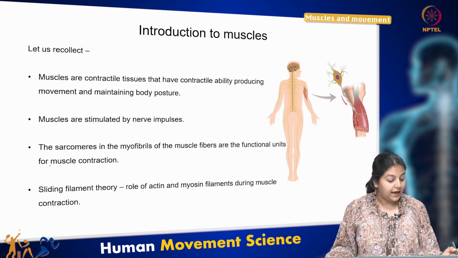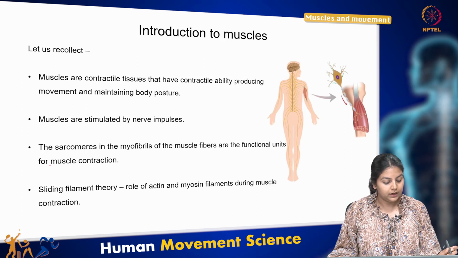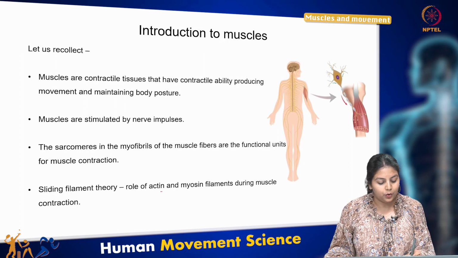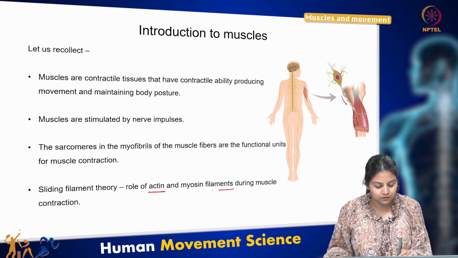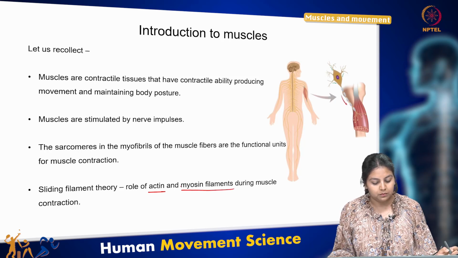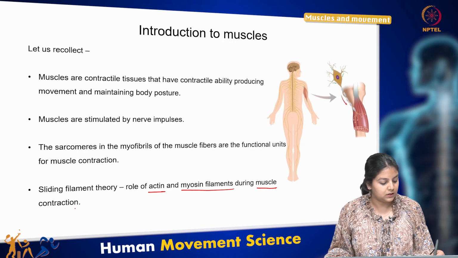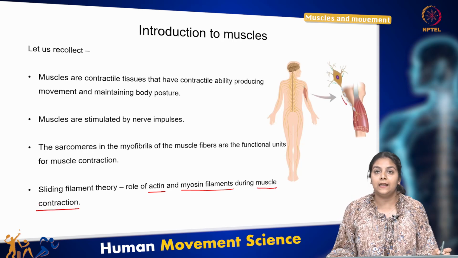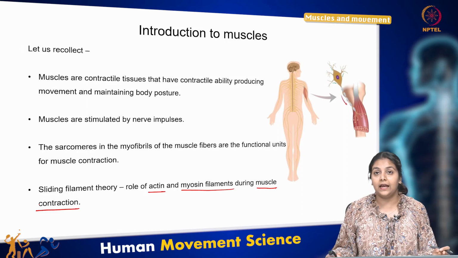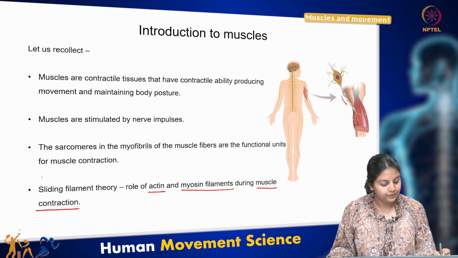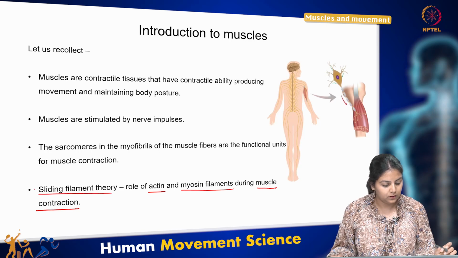We also looked at sliding filament theory in neuromechanics, where we looked at the role of actin and myosin filaments, which are the two key filaments responsible for muscle contraction. How exactly they act, coordinate and collaborate with each other is what we looked at in sliding filament theory earlier.